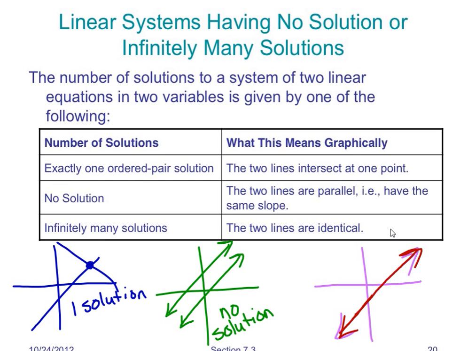Since they cross or touch here and here and here and here and here, every single point along the line, we would say it has infinite solutions. Infinitely many solutions.